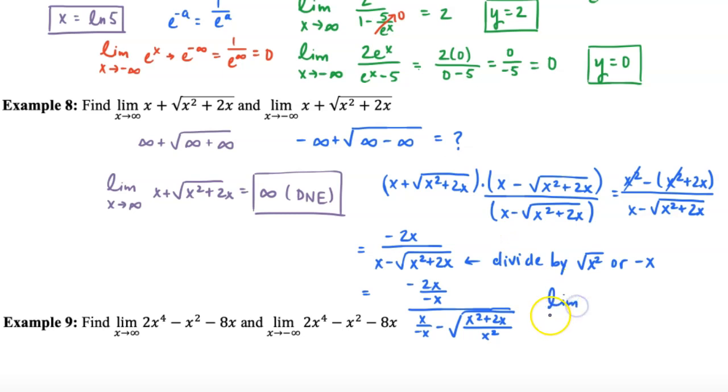So we're taking the limit as x approaches negative infinity, and I just want to simplify this as much as possible. Negative 2x divided by negative x is a positive 2. X divided by negative x is negative 1, and I'm subtracting from it the square root of x squared divided by x squared, which is 1, plus 2x divided by x squared. Well, that's going to be a 2 over x.